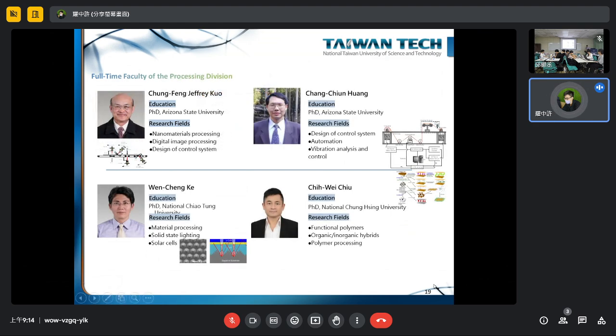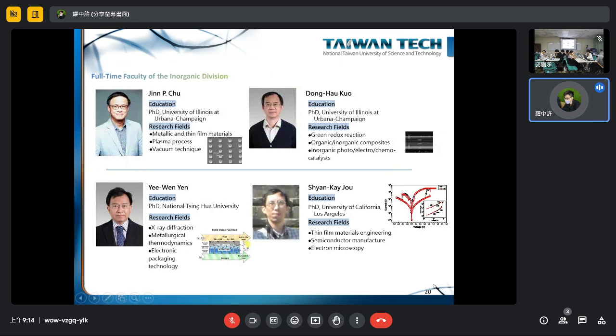We also have some professors working on LED, patterning of LED to tune the light performance, because the structure on the LED will change your light profile. You want to make it more collimated, or spread at a wider angle. And we have professors working on functional polymers.